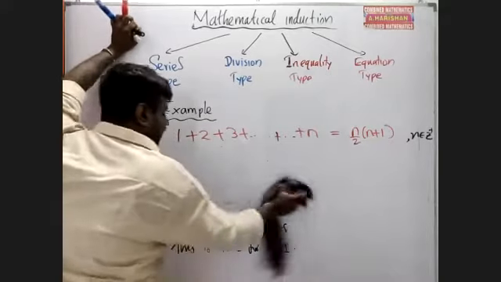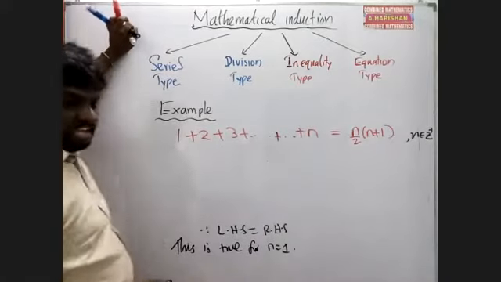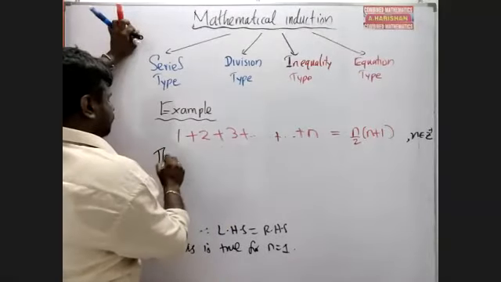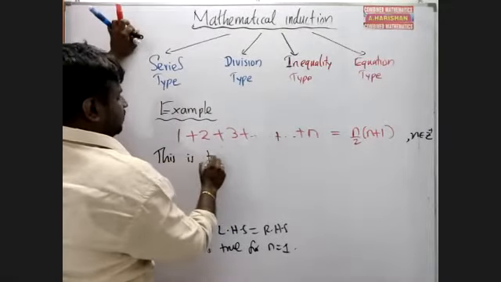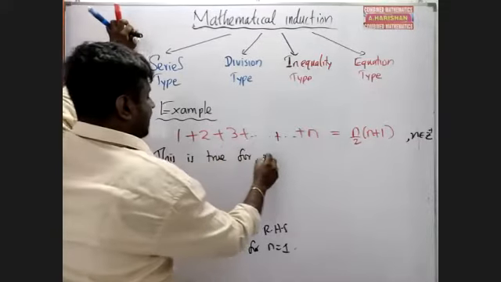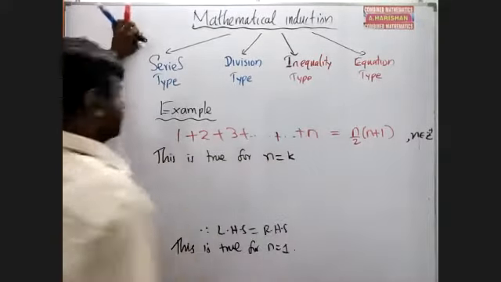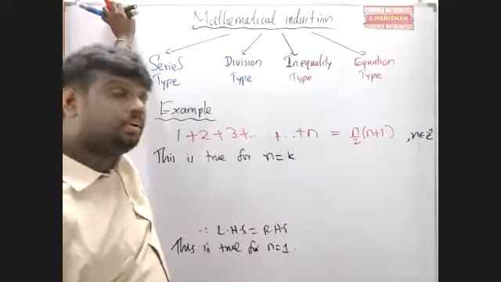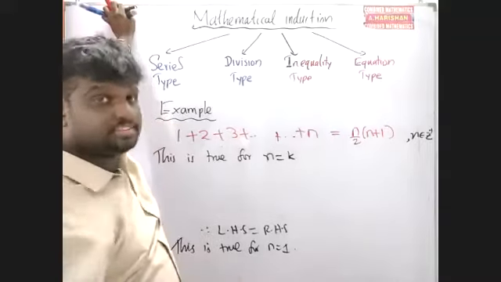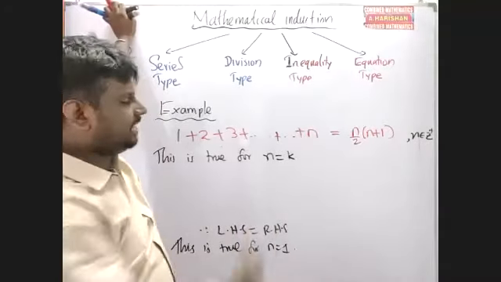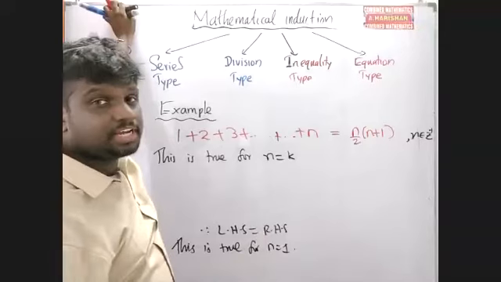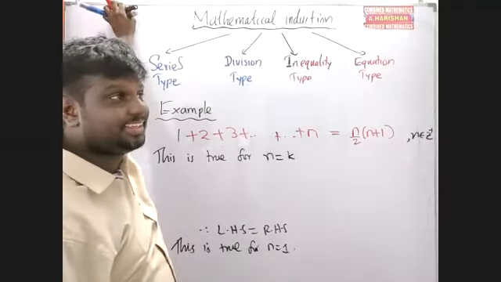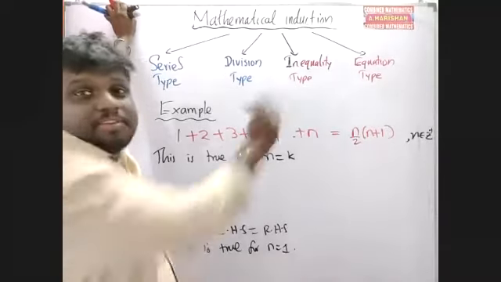Yes. After that, what do we have to do? We have to assume that this is true for n equals k. Some students take n equals p; no problem, according to the question you can say that. Most of the time I take n equals k, because you will have confusion in the 2006 past paper, since they use p in the question, and there would be a collision.